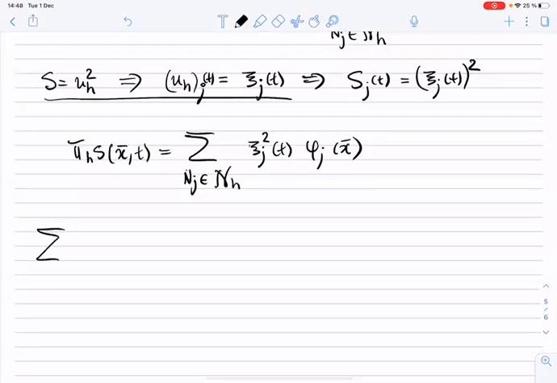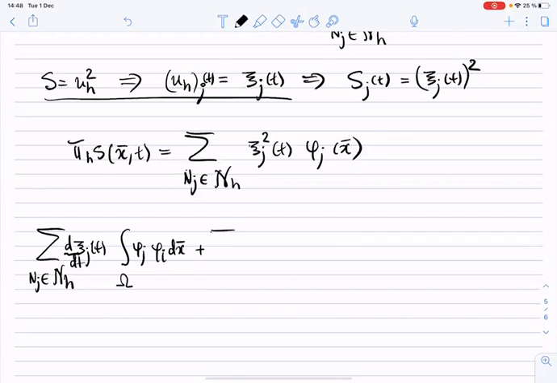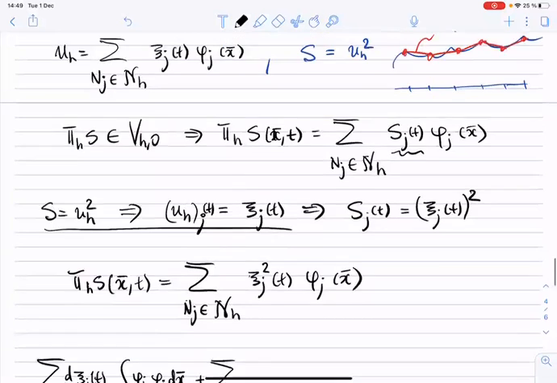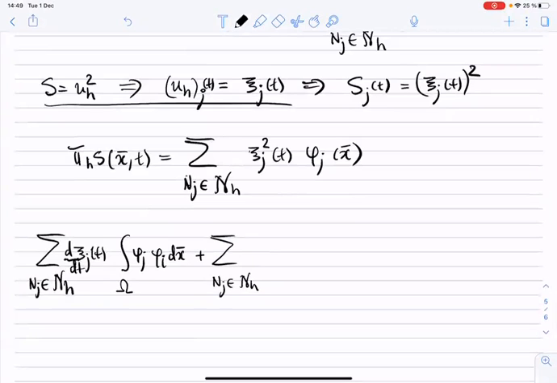So we have sum, and j's from the set of interior nodal values, psi j d dt of t, integral phi j phi i dx over omega, plus the second term now. So Nj in these nodal values. We have this nonlinear term, but we pull out this coefficient.